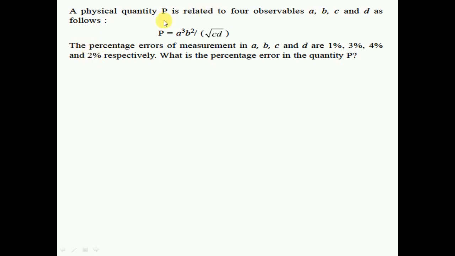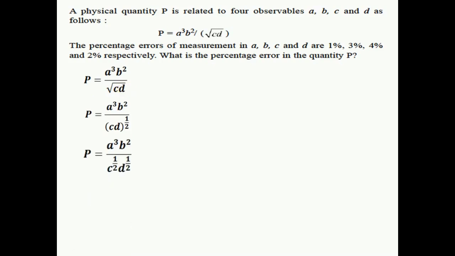I have to find the percentage error in P. So first I'll write this in a proper way. Now again I can see there is multiplication and division. Root over means power half.